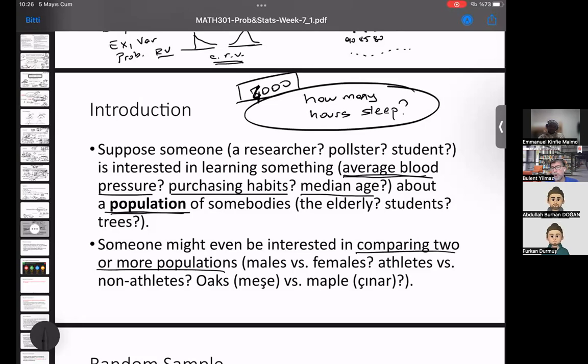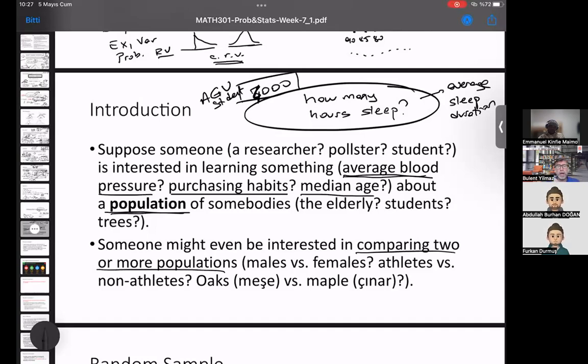Someone will say I sleep 3 hours a night, or 10 hours, or 5 hours a night. What am I interested in? The average sleep duration of students. So that might be my question.